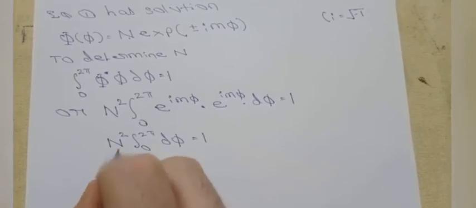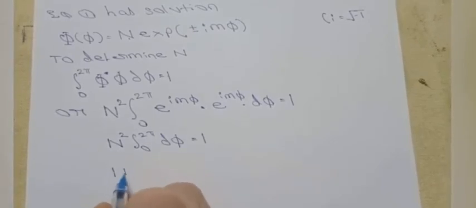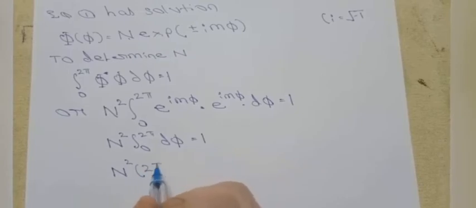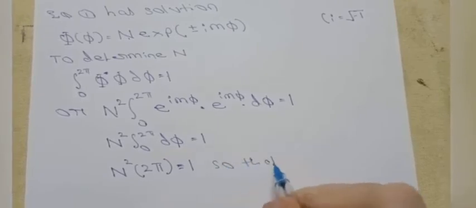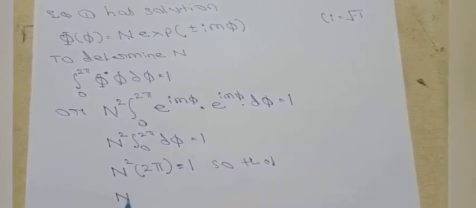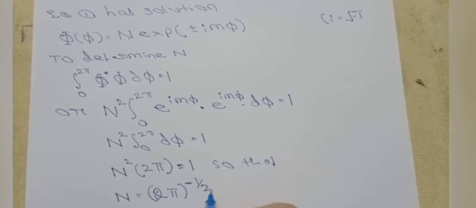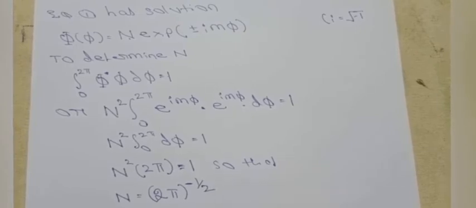Then N square times (2 pi minus 0), that is 2 pi, is equal to 1, so that N is equal to 2 pi to the power of minus 1 by 2, that is 1 by square root of 2 pi.